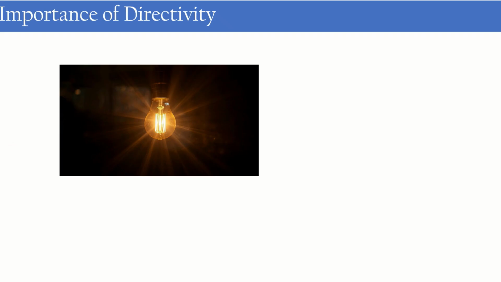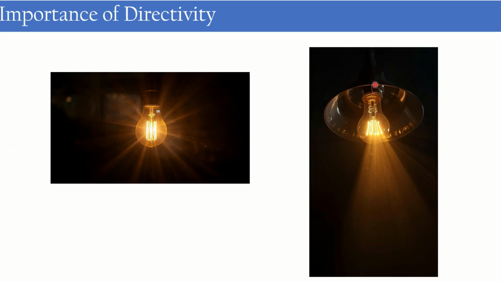For that purpose, we usually use some reflectors like this so that they can reflect all the light back into the desired portion. Here you can see that the illumination intensity in this direction is getting enhanced by using these types of reflectors.